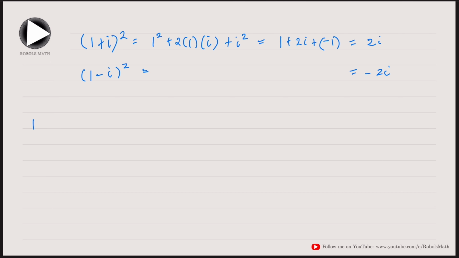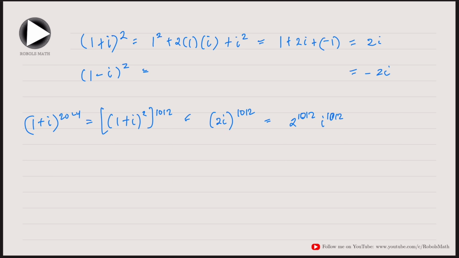Which means that (1 plus i) to the 2024 equals ((1 plus i) squared) to the 1012, because 1012 times 2 is equal to 2024, and that's equal to (2i) raised to 1012 equals 2 to the 1012 times i to the 1012.